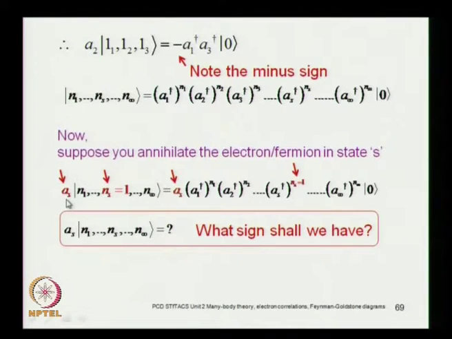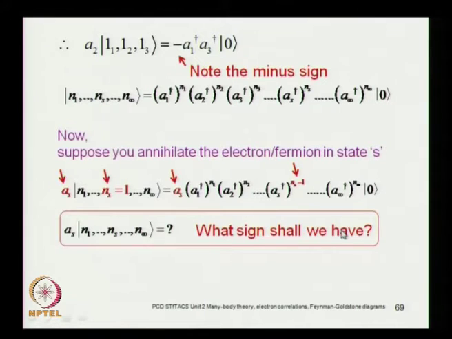Now the question is, what sign will we get? Because when we destroyed the electron in state 2 in the 3 electron system, you remember we got a minus sign. Yes. Well, you have to define what that S is. S is that which state we are. Yeah, so we are going to count that.